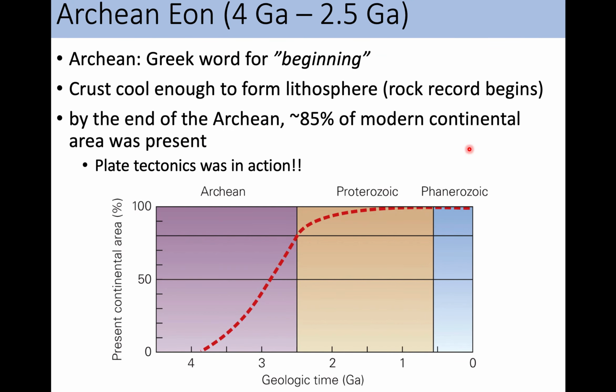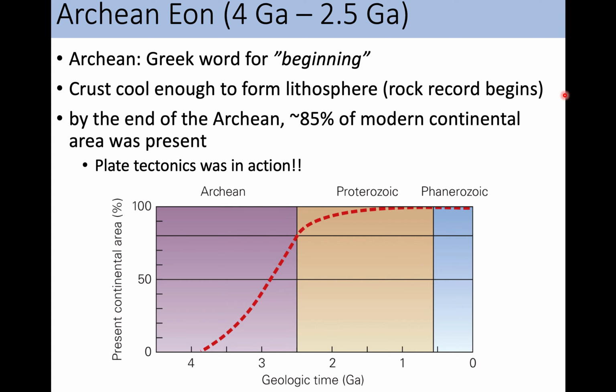So a couple billion years later, we actually had our lithosphere form and stay on our surface. This is where we say our rock record begins, because at this point we had lithosphere forming that stayed crust.